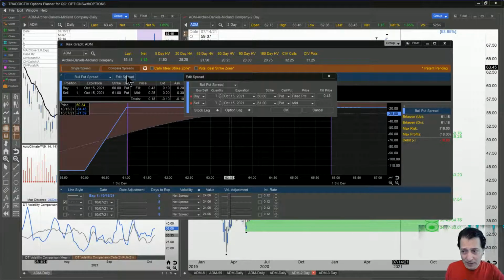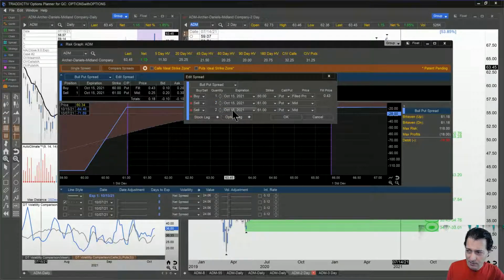Well, another possibility is to convert this long 60 put to a butterfly. And how would that be done? That would be done by selling 2 of the 61 and buying 1 of the 62.